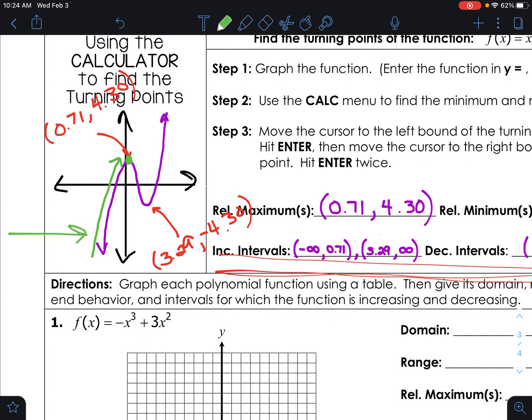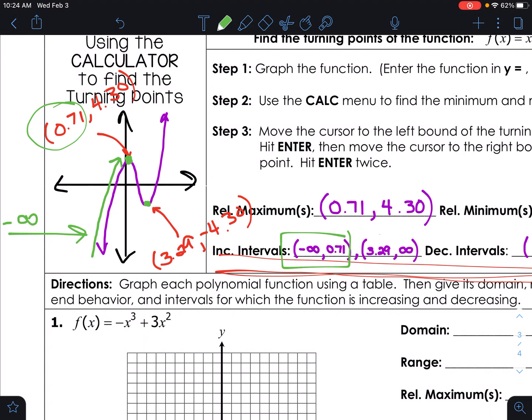You're going to write the x values, so from negative infinity all the way up until this point. Where does it stop increasing? It's 0.71. So notice I wrote increasing interval, negative infinity to 0.71, just the x values from there to there.